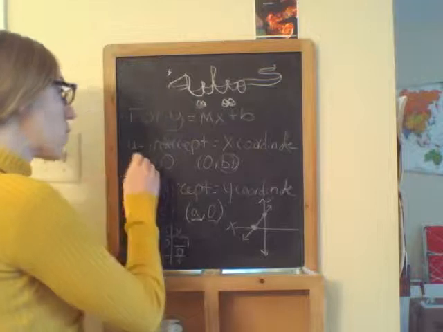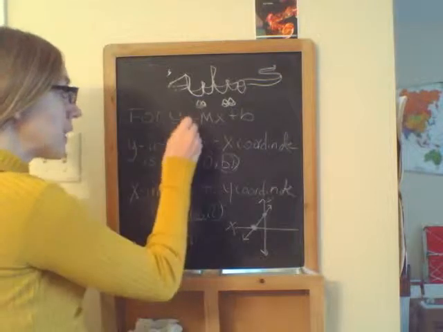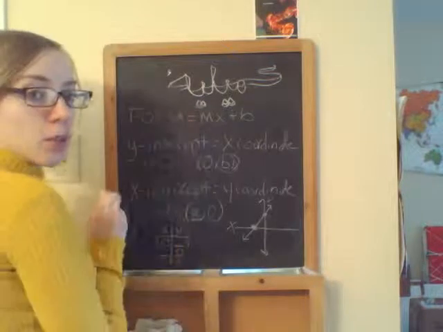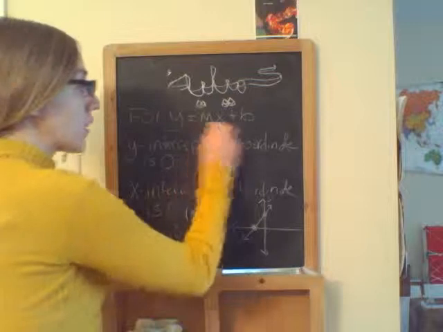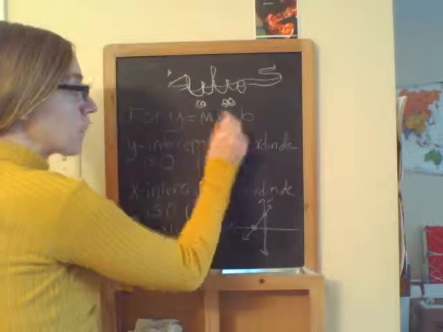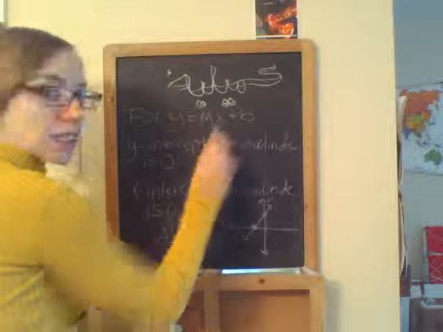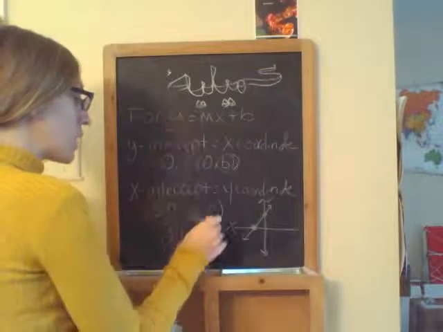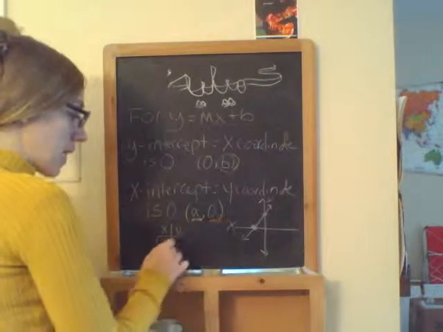Now, to find the y-intercept, you are going to plug in 0 for the y, and leave the others be, and solve for the x.